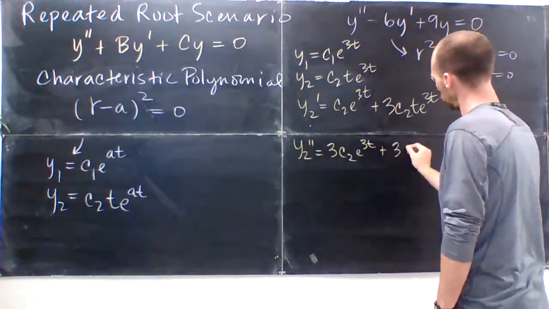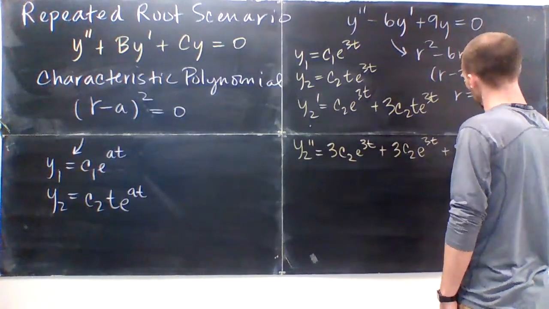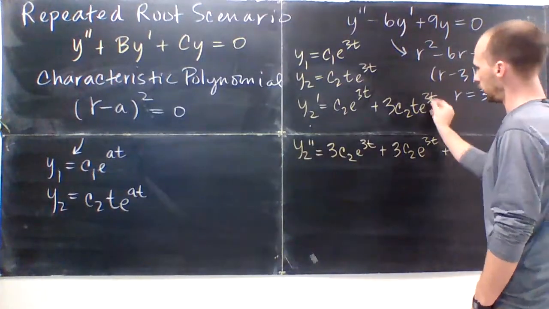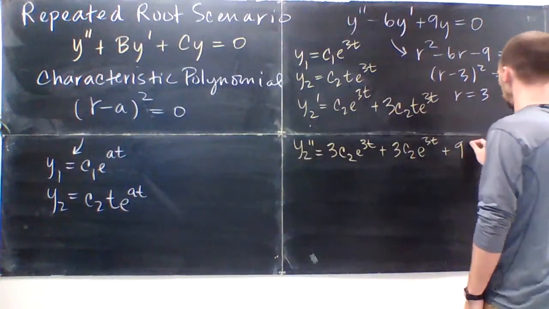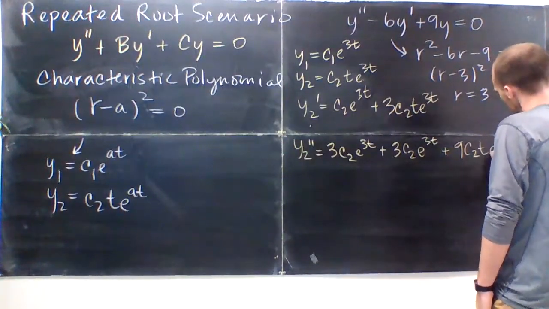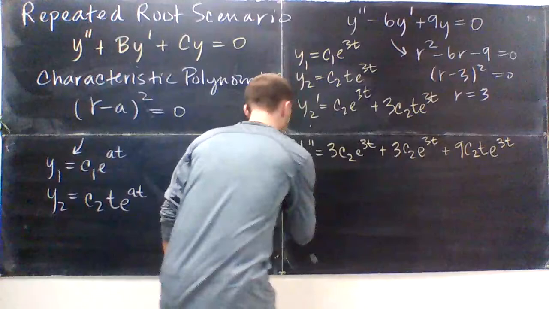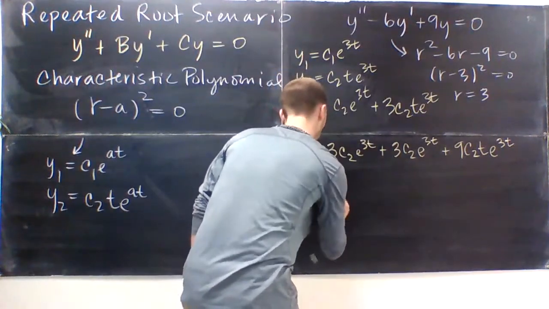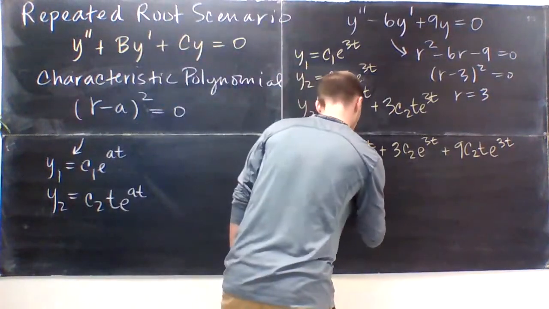So 3c2 e to the 3t. And then that'll be 9. When I take the derivative of e to the 3t, that'll bring out another 3. And I'll have 9c2t e to the 3t. And then I'm going to figure out, well, what is y2 double prime minus 6 y2 primes plus 9y?